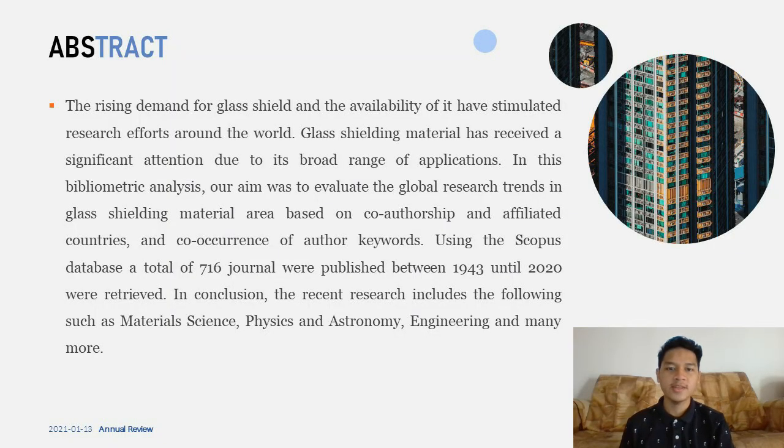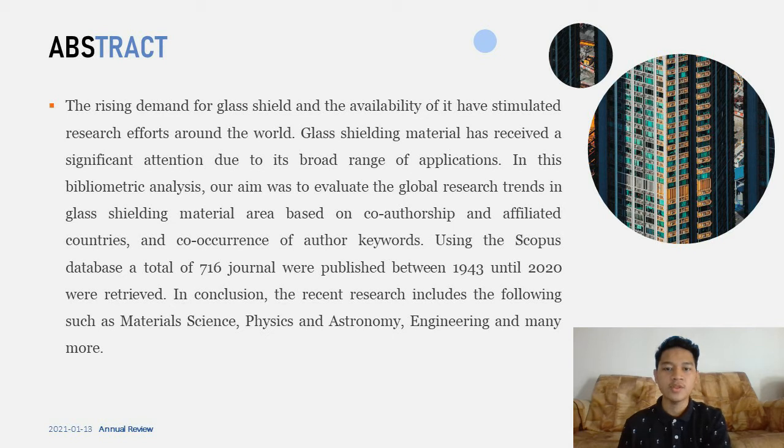Okay, now this is our abstract. The rising demand for glass shield and the availability of it have stimulated research efforts around the world. Glass shielding material has received significant attention due to its broad range of applications.